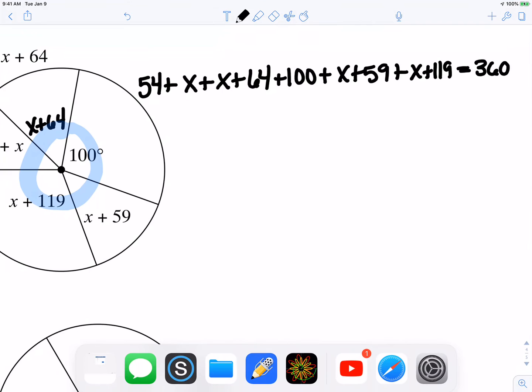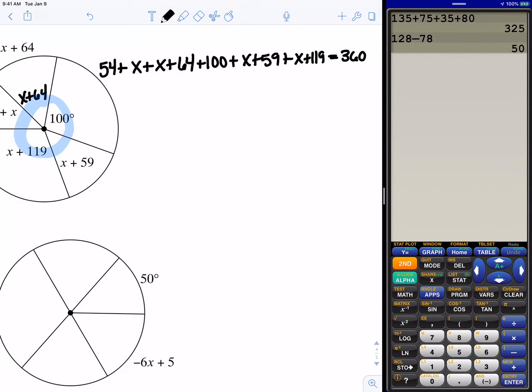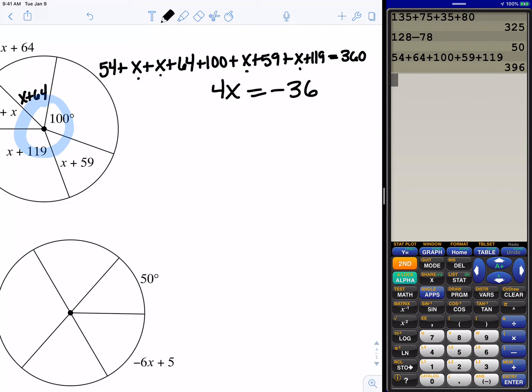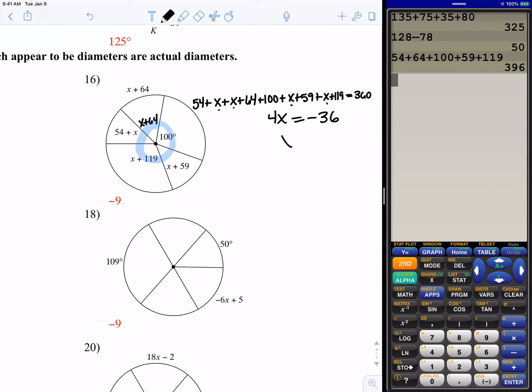I'm going to grab my handy dandy calculator, and I'm going to add 54 and 64 and 100 and 59 and 119. I'm going to subtract that from 360. Let's have 1, 2, 3, 4 x's. And when I subtract 396 from both sides, I get negative 36. So when I divide by 4, I get x is negative 9.